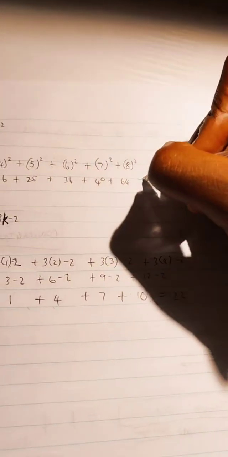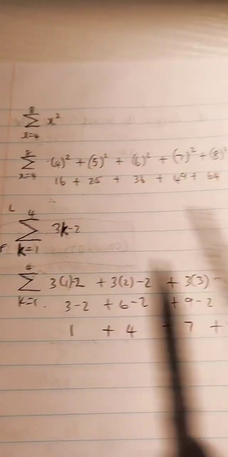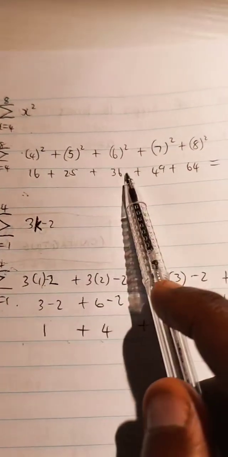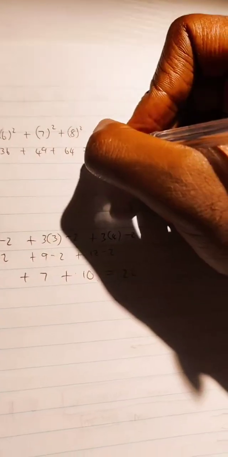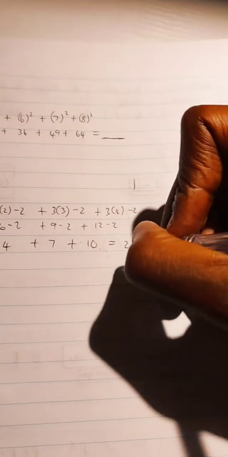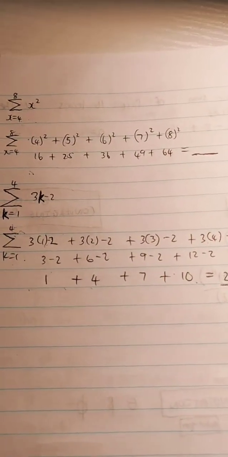Okay. Same thing here. What's the objective at the end? To get the sum. 16 plus 25 plus 36 plus 49 plus 64. You get the sum of the terms. Makes sense, guys? All in all, we are getting the sum of the terms.